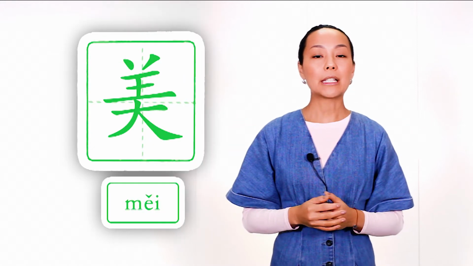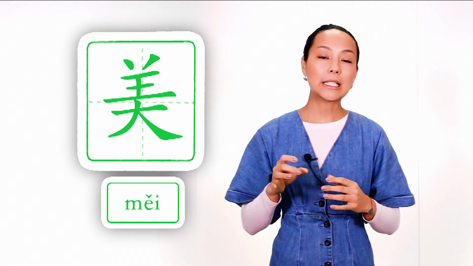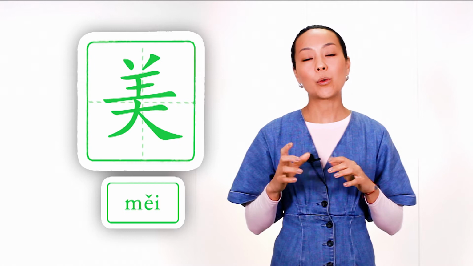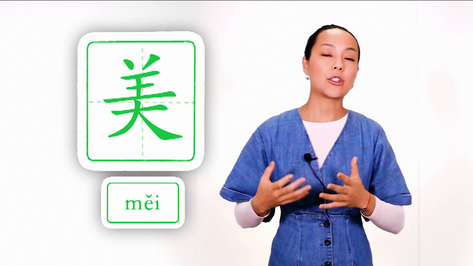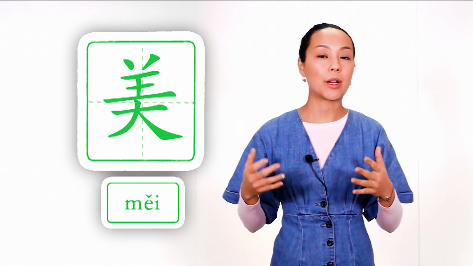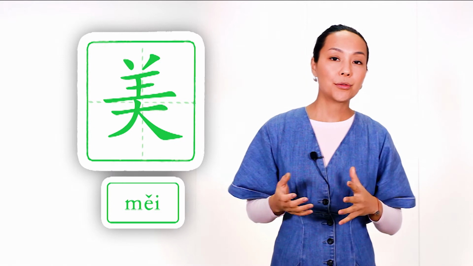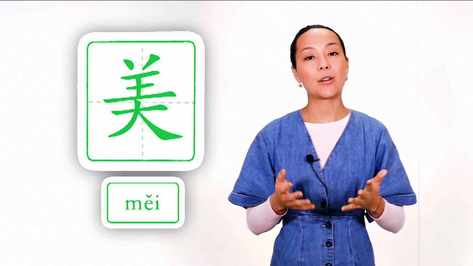And the next example is the word beautiful, 美. If we talk about the details of this character, in this case we see big because the Chinese wanted to show in this character a person standing and wearing something on his head. So wearing something very beautiful made him a very beautiful person.